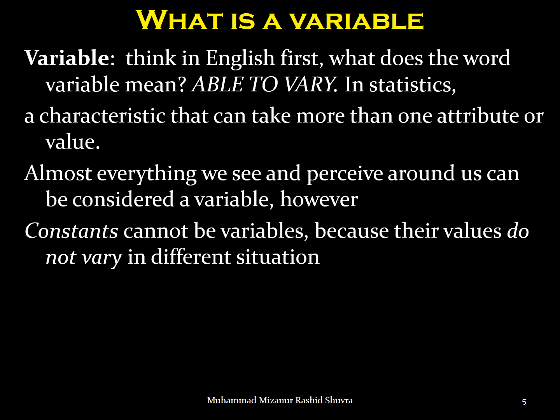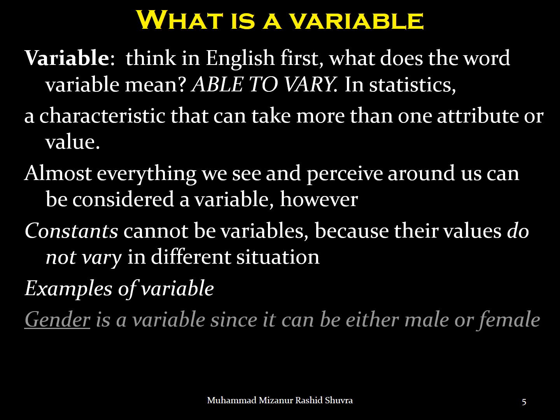Let me give some examples of variables. For example, gender is a variable, since it can be either male or female. And now they're thinking about a third gender, so I should actually put it in there. Also, people sometimes tend to not identify themselves by gender. That's a different discussion. But in the societal system that we have so far, gender can take, the majority of the time, a male or a female role.